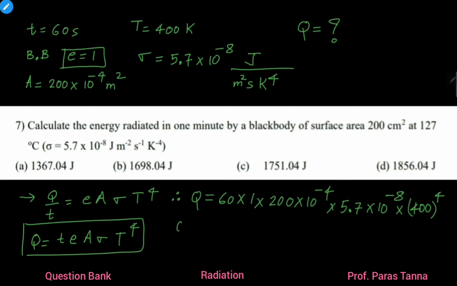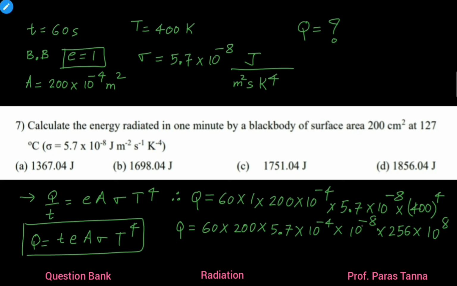That is students, Q is equals to 60 into 200 into 5.7 into 10 raised to minus 4 into 10 raised to minus 8 into 4 raised to 4 will give us 256 into students 10 raised to 2 raised to 4 will give you 10 raised to 8, isn't it? Now students, 10 raised to minus 8 and 10 raised to plus 8 will be cancelled.